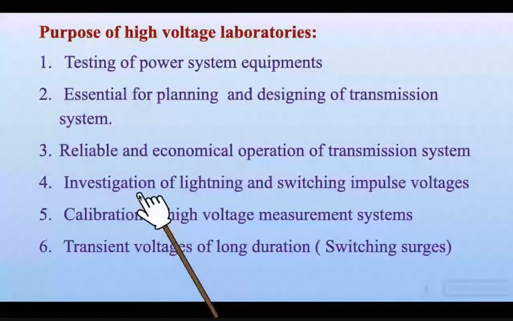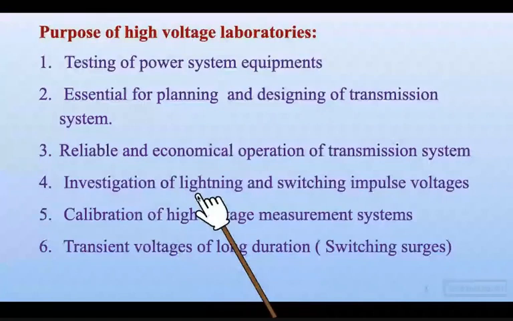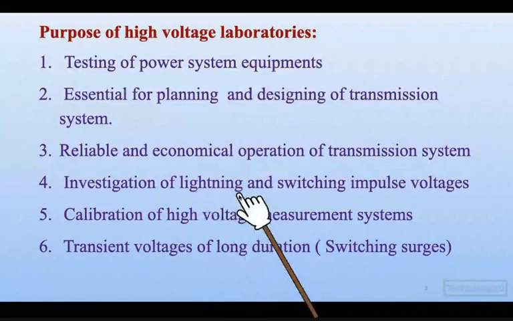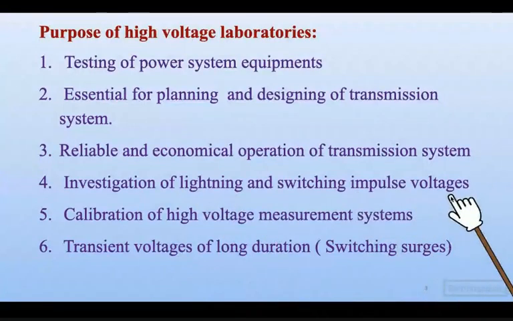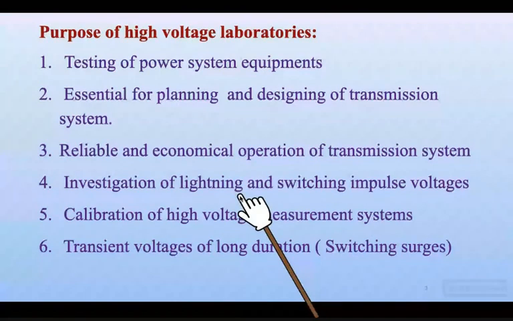Then further, we would like to investigate the effect of lightning and switching impulse voltages on various power transmission equipment. Lightning, right? It's a natural phenomenon, but it carries a large amount of energy, and the transmission network is completely exposed to it, especially when there is bad weather.